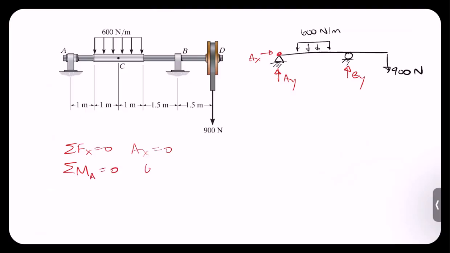I have 600 newtons per meter acting over 2 meters at a moment arm of 2 meters.